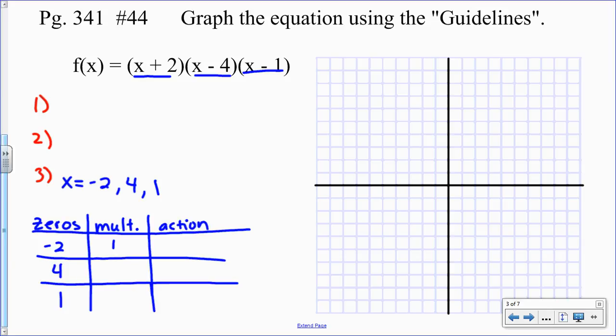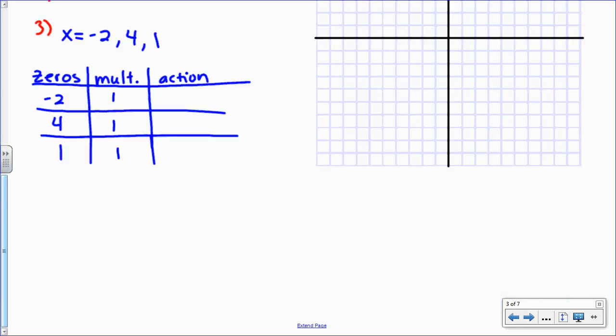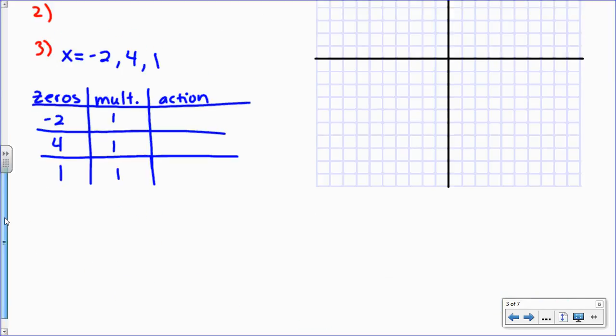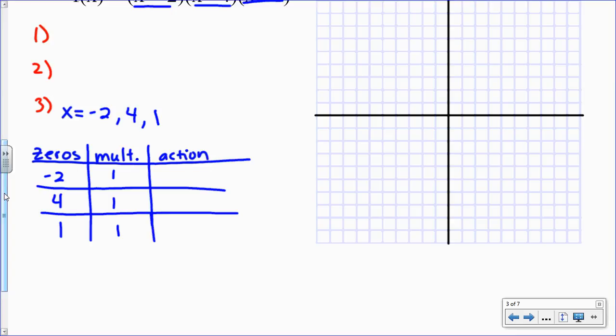Okay, all the multiplicities are 1. And we find the degree by adding the multiplicities. So that's 3, and that's the degree. Okay, so if the degree is 3, that means the degree is even or odd.